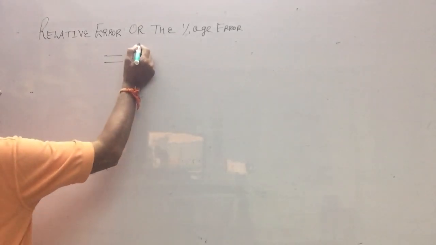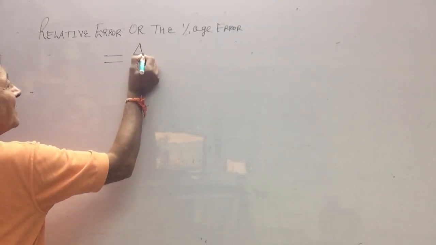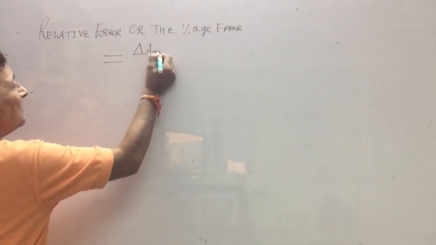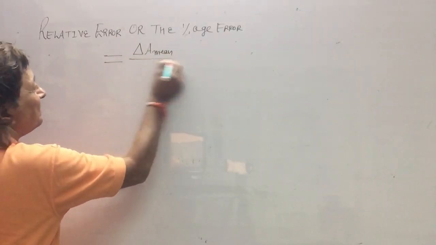What is mean absolute error? Right now I have calculated delta A mean divided by AM.